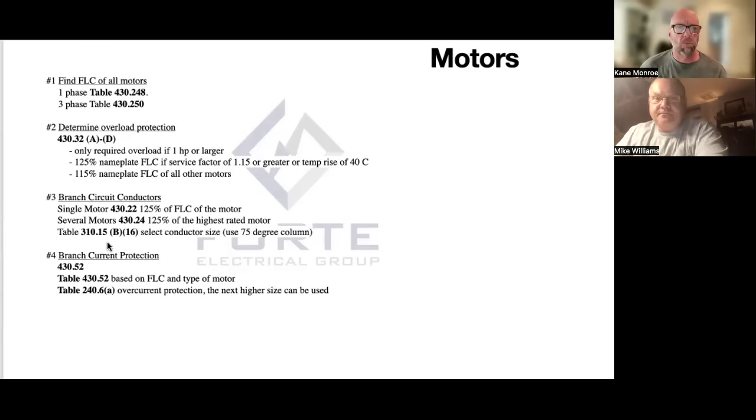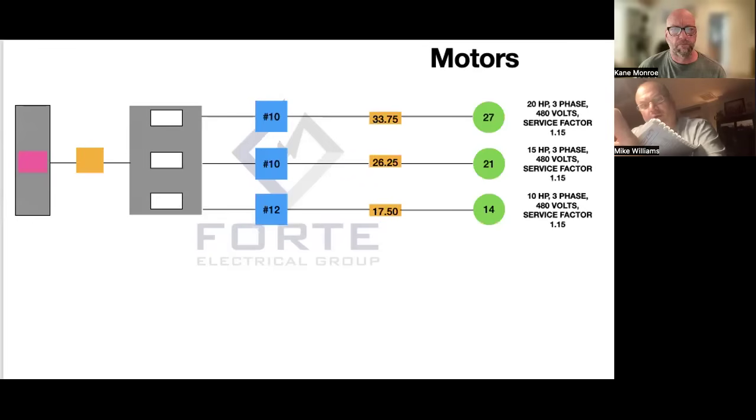So that's step number 4. On 430.52, note step 4, also 240.6(A), round, percentage. I used the pink highlighter on the percentage, so hopefully that'll stand out in my head.